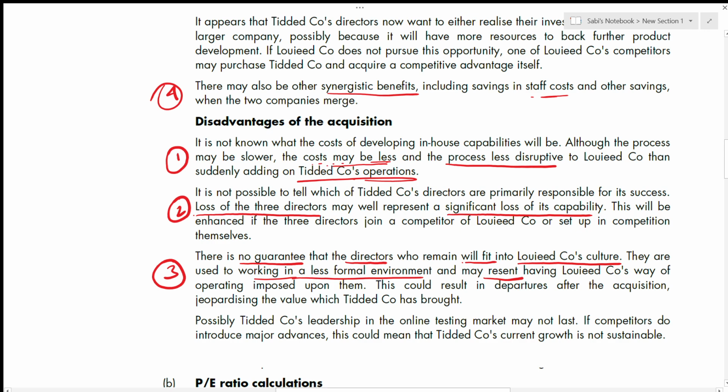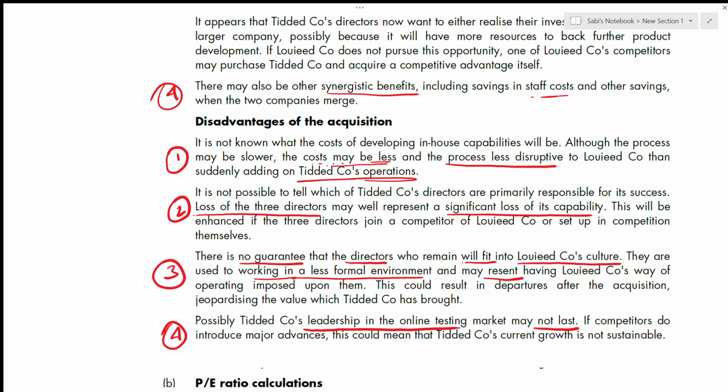So this is the fourth disadvantage they are saying, but you only have to write three. Let's see what the fourth one is. They could lose the leadership in online testing, which may not last. Nothing lasts forever. Everything has a deadline, right?